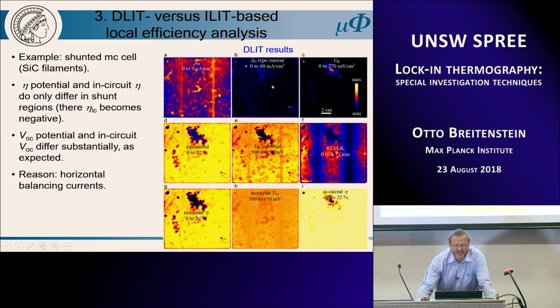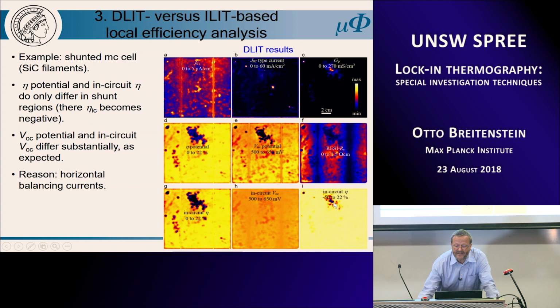The in-circuit efficiency at first view looks similar to the efficiency potential. However, looking carefully, this is black, whereas this is blue. And if we scale this not from 0 to 22%, but from minus 50 to 22%, we still see here some dark spots, which means in these ohmic shunts, the in-circuit efficiency is negative as expected.